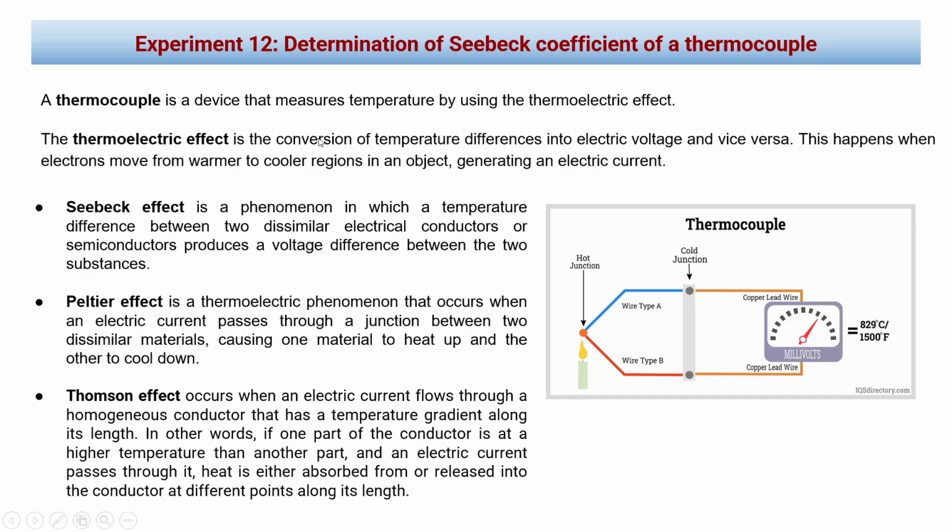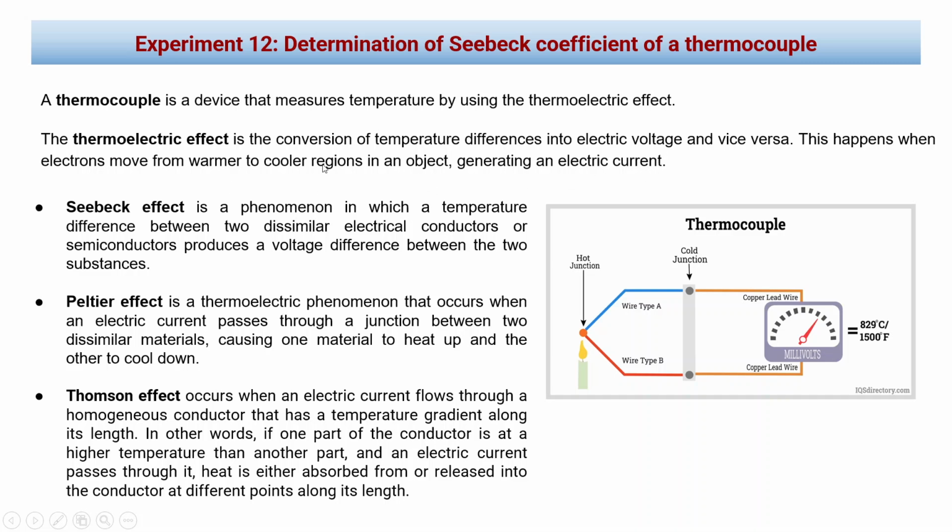Thermoelectric effect is the conversion of temperature difference into electric voltage and vice versa. This happens when electrons move from hot to cold region in an object, generating an electric current.